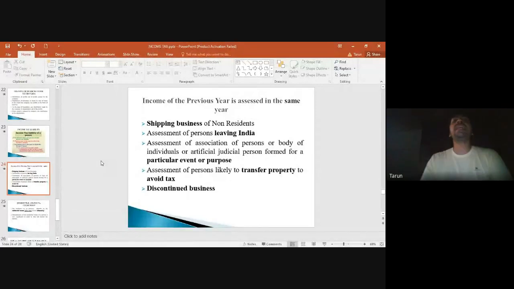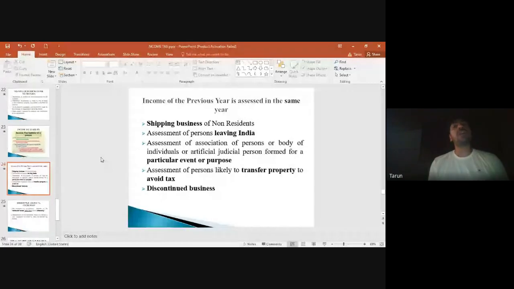Next one is assessment of persons likely to transfer property to avoid tax. Of course, there is also a need to assess those persons who are trying to transfer property to avoid tax. And the next one is discontinued business. Suppose I am living in India and I have discontinued the business.